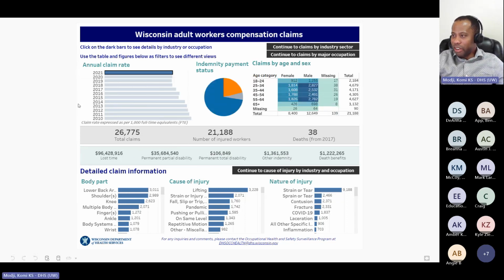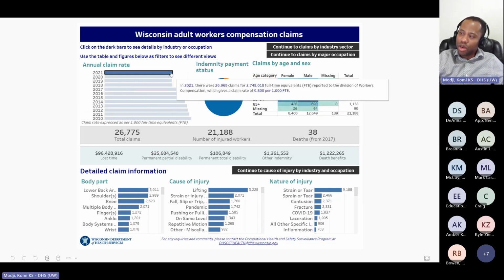We start with the year, the annual claim rate, to show the distribution and the general trend. If you look at all those 11 bar graphs, you can see how the claim rate has evolved from 2010 to 2021. We did it on purpose so you can see that worker injury is going slowly down. That's the downtrend.